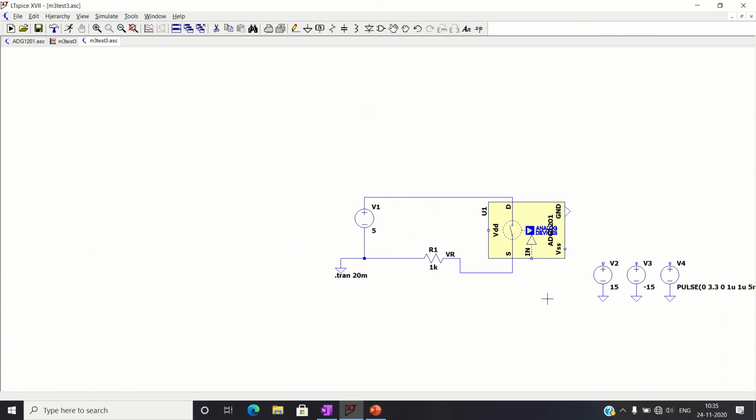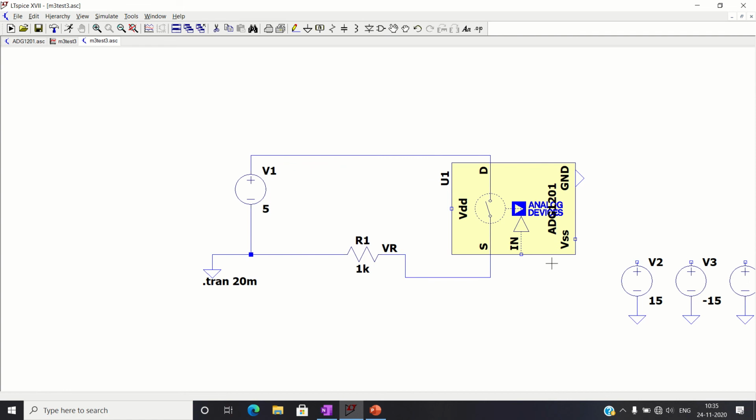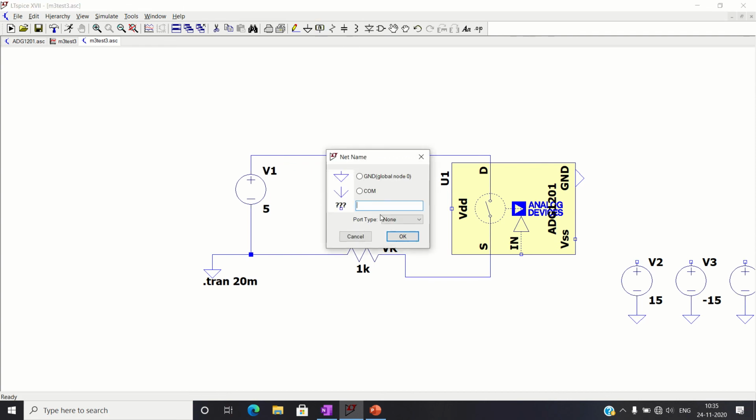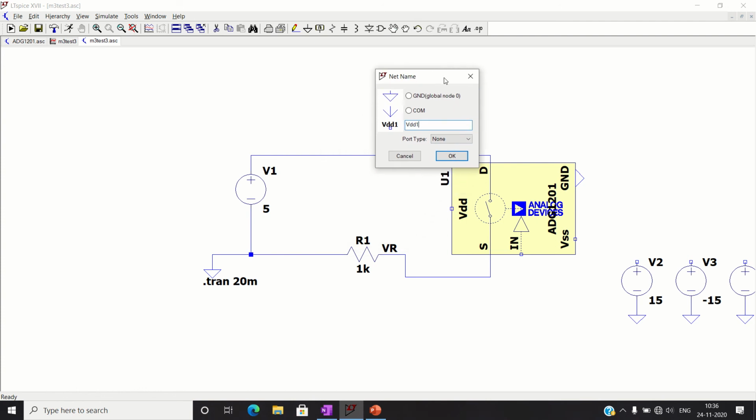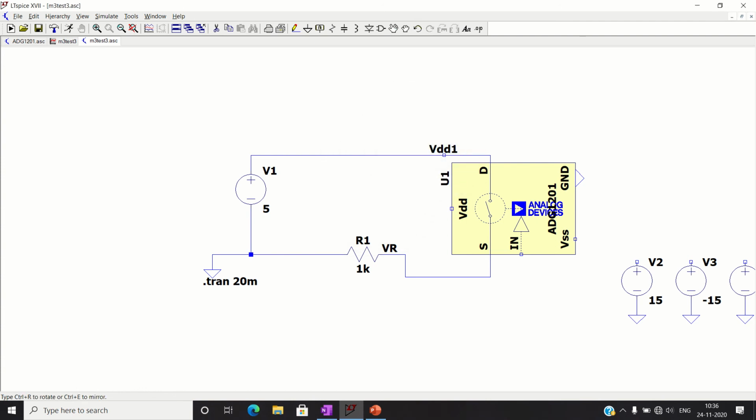So I will connect them now. In order to connect them, I will create nodes. I will create a node called VDD1 and press OK, and then first I will press here and then here.